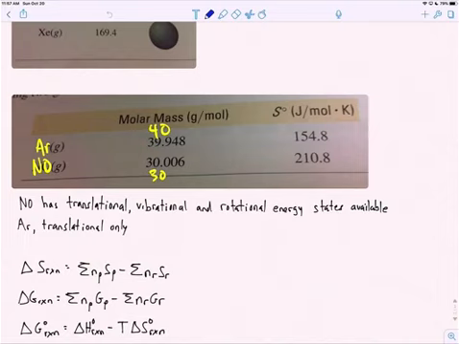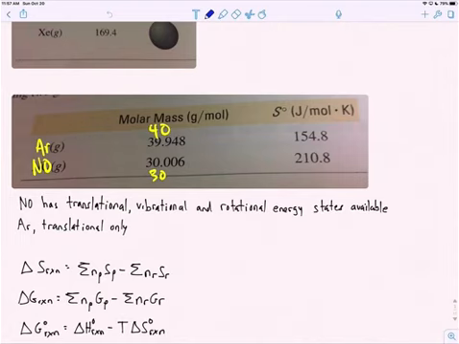The nitrogen monoxide has many more places it can place its money because it has 3 different scenarios, whereas argon only has 1. Because of that, the nitrogen monoxide has more entropy. It has translational, vibrational, and rotational, whereas argon only has translational to have entropy with.